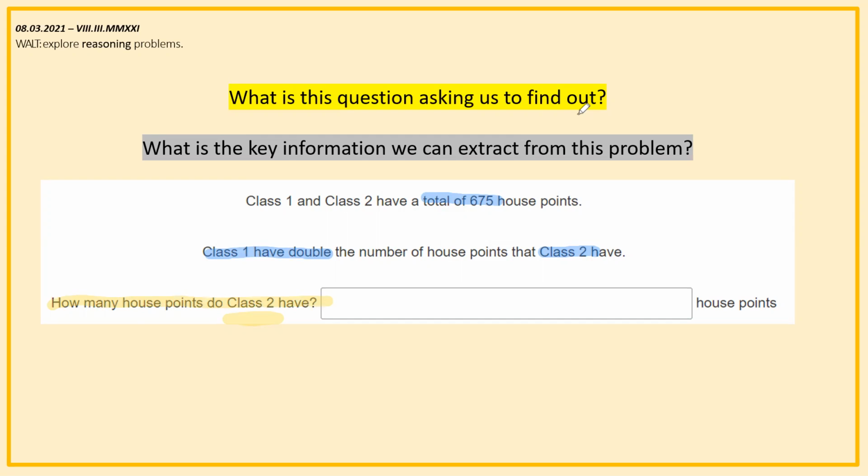So the key information is 675 house points in total, and then that class 1 has double the house points of class 2.